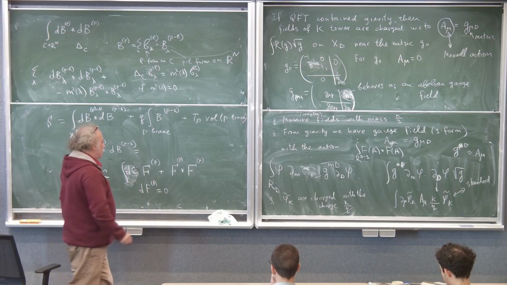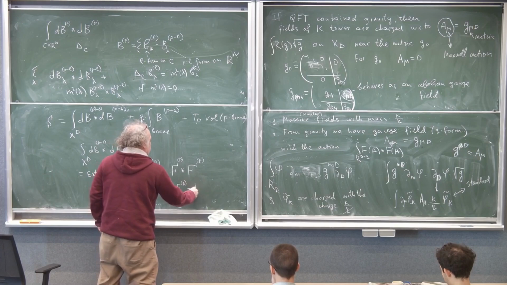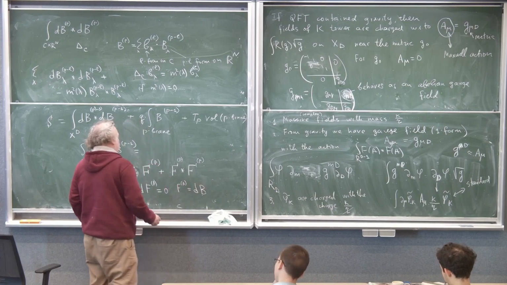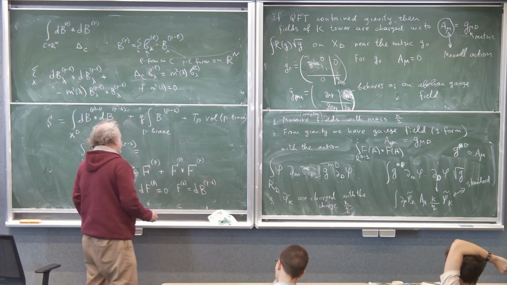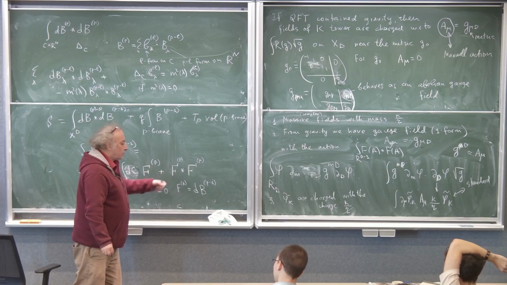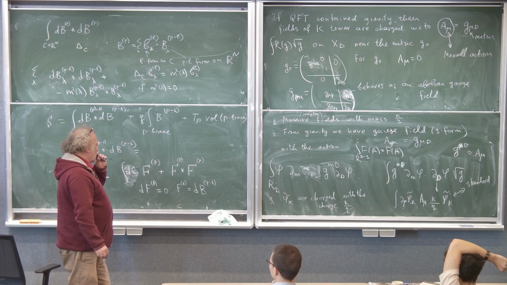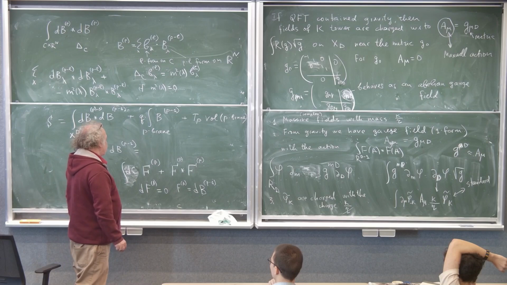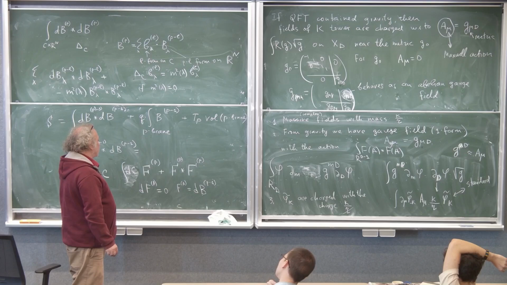So roughly speaking, it would mean that F_T is dB_{T-1}. So I can plug it here and get the original action. However, I may play an opposite game.